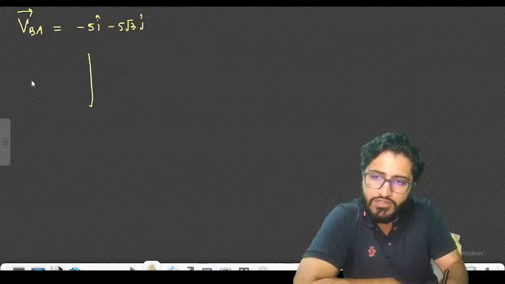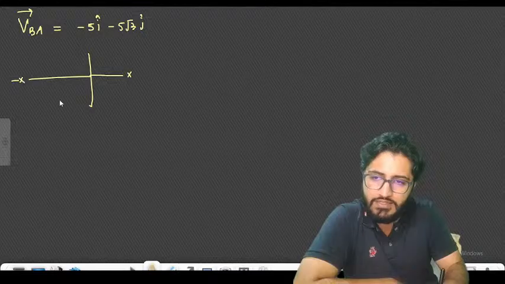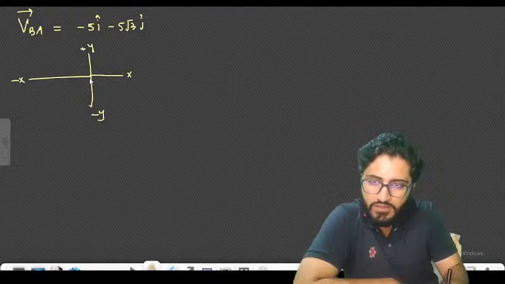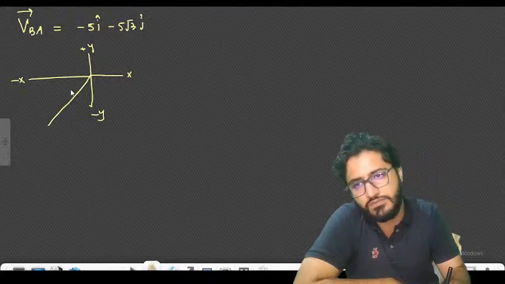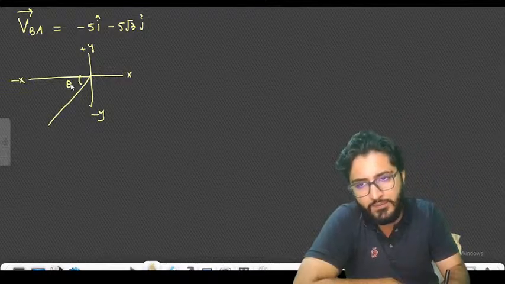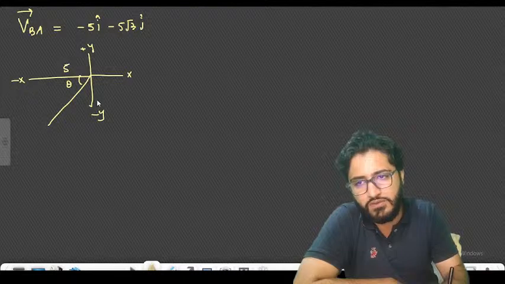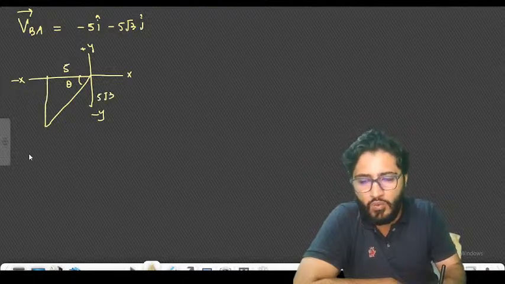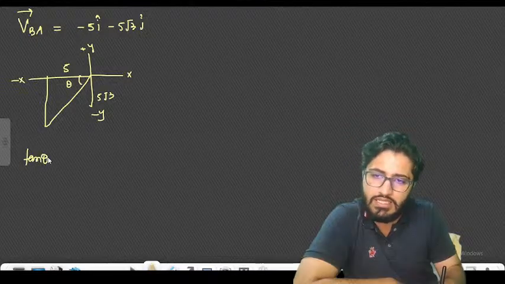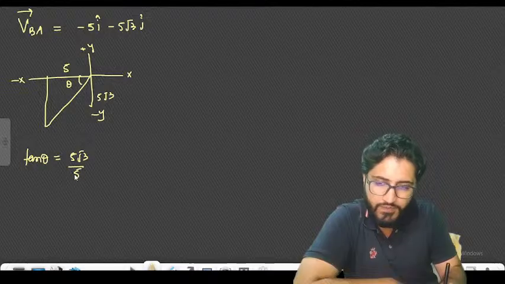Now plot these two values into the coordinate system. X minus, y plus. So is it like this now? Theta. So this is 5. Here is 5 root 3. What is tan theta then? Tan theta is 5 root 3 by 5.